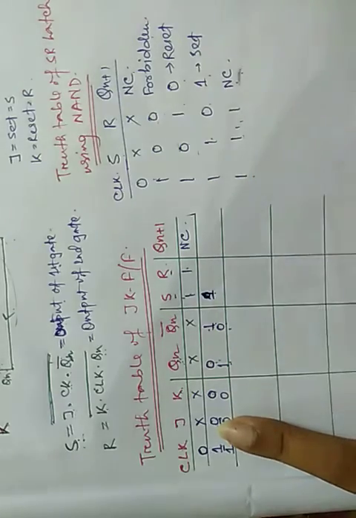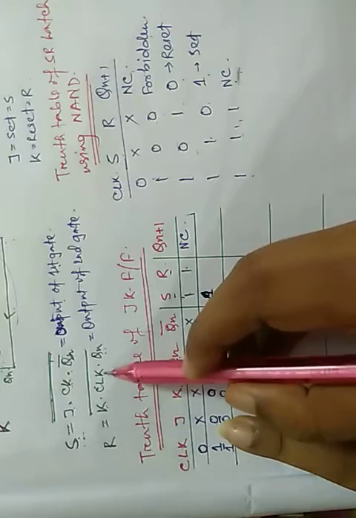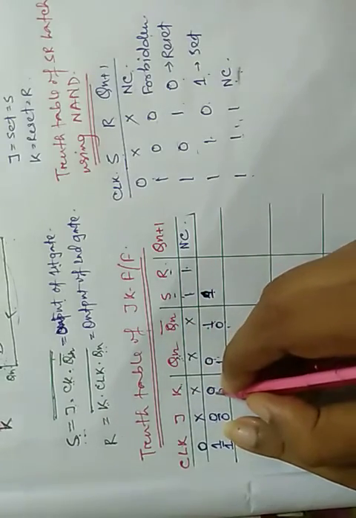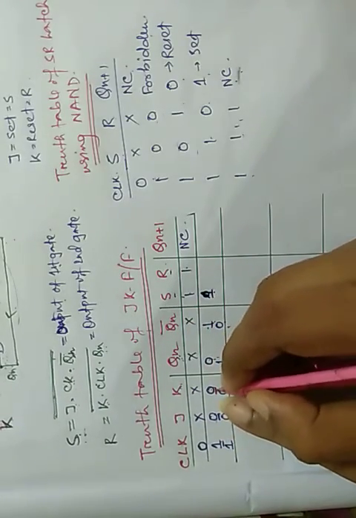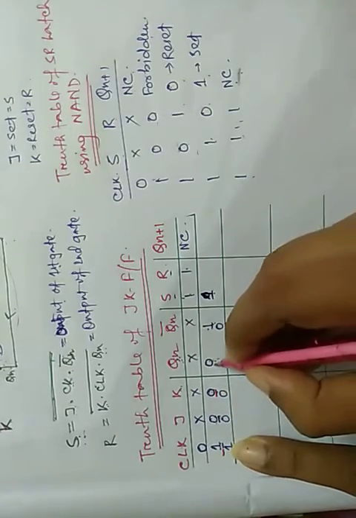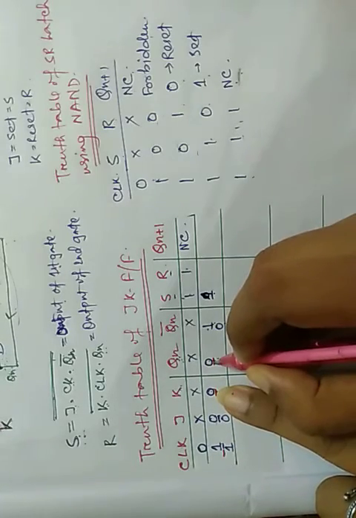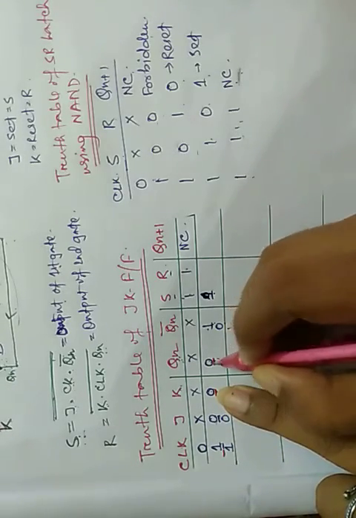Clear? Now for the R value, we have to check K clock Qn. I am writing here using a red pen. K is 0, clock is 1, Qn is 0. Here also we get one input signal as 0.